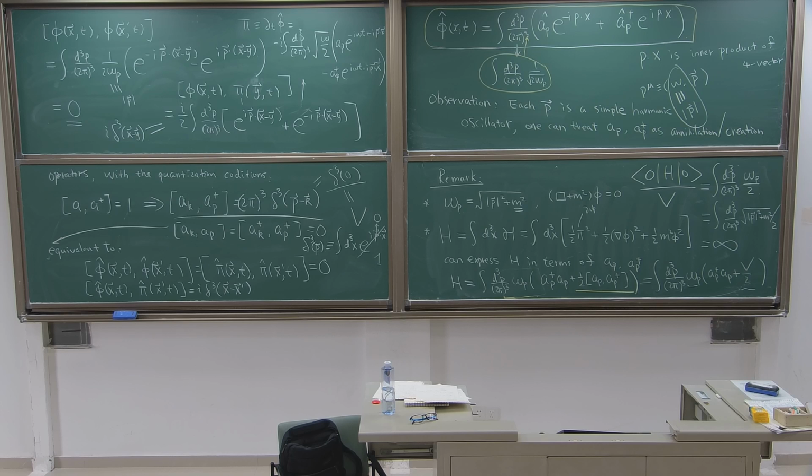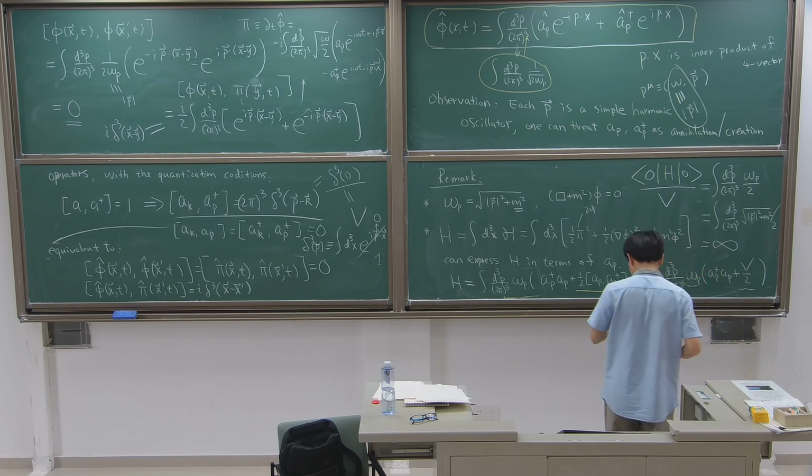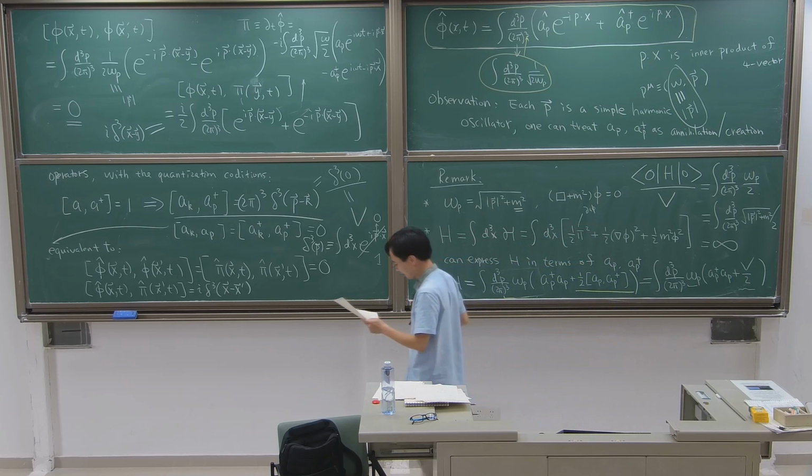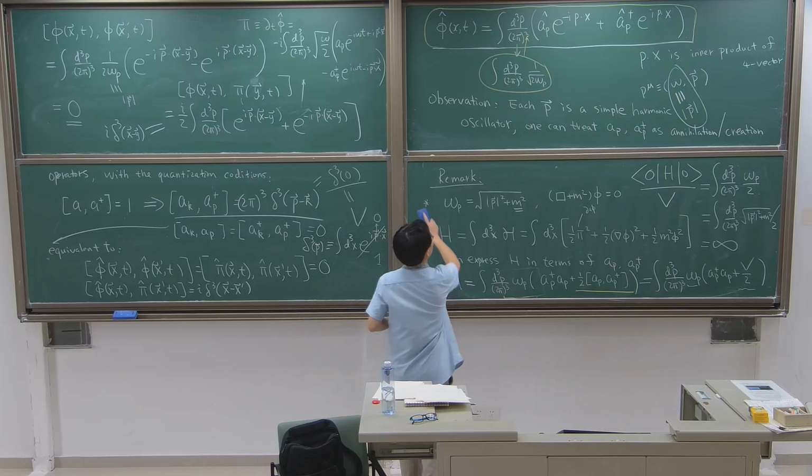We only care about comparison with some reference state. What is my energy? In that sense, I can always simply pick my lowest energy state as having zero energy, and I measure the relative energy for all the other excited ones. That's enough. So in that sense, one can define the energy above the ground state.